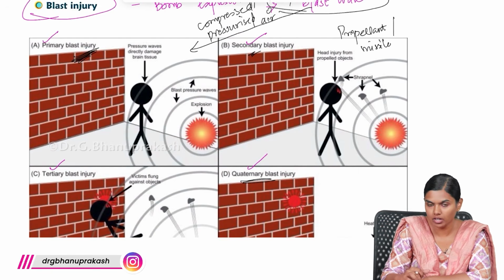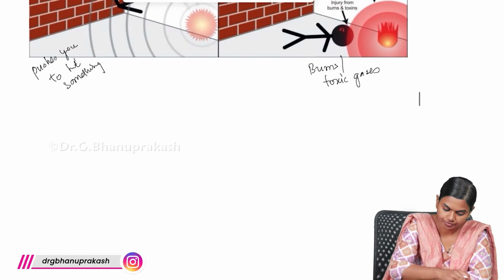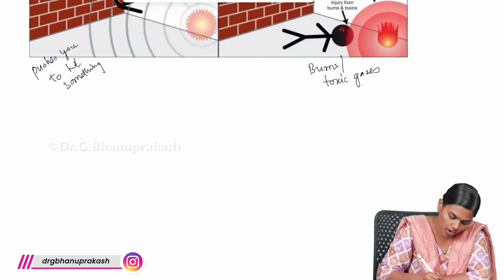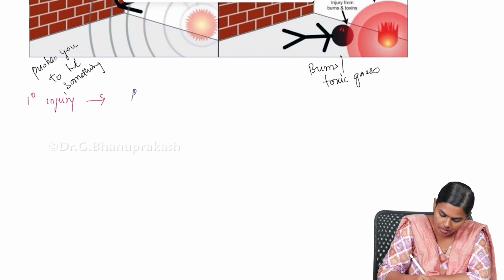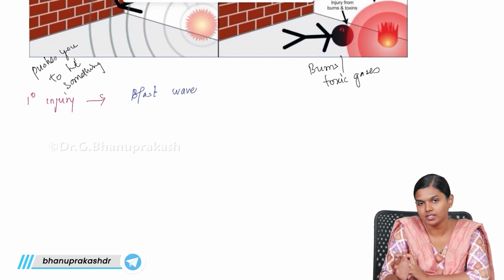So when we look at each and everything, first, primary blast injury. What happens is that here mainly you have the blast wave. So this is basically pressurized air, right?